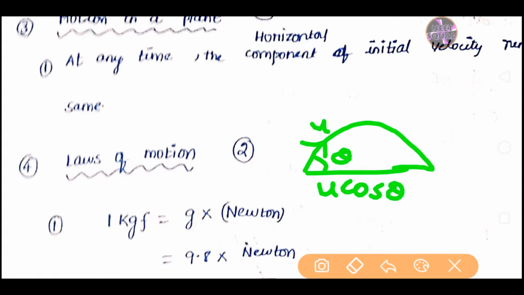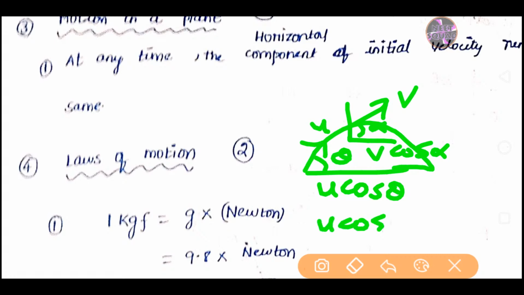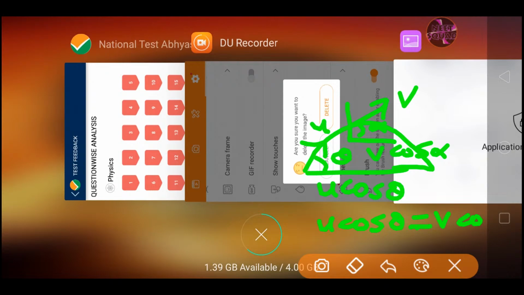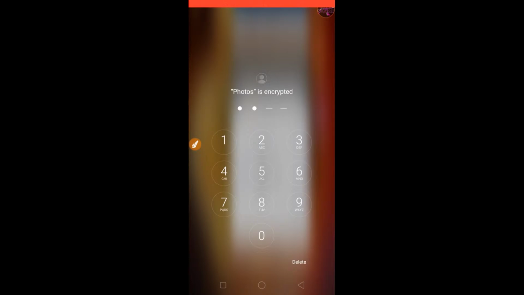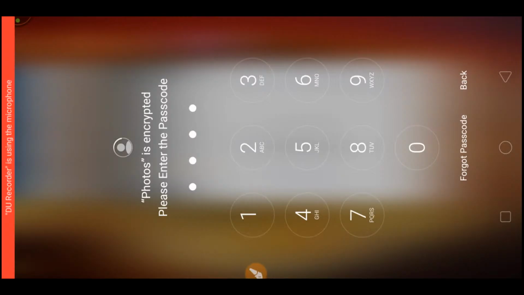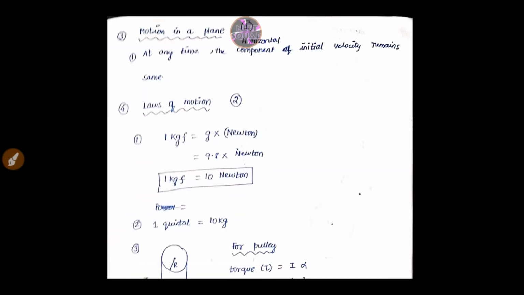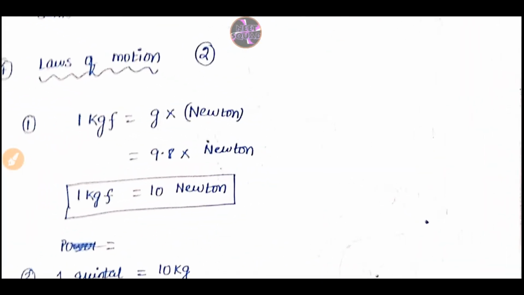At this point the velocity is v and the angle is alpha, so the horizontal component is v cos alpha. The horizontal component always remains the same. So u cos theta is equal to v cos alpha. Right. Next, laws of motion.